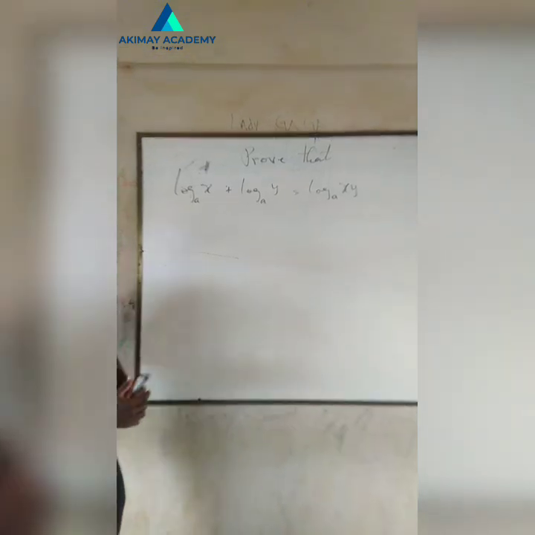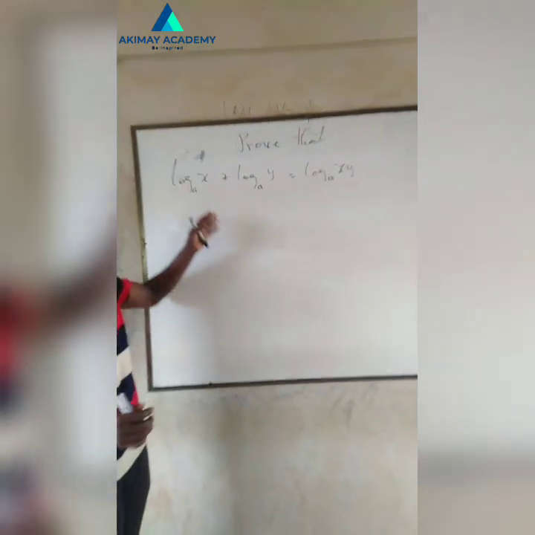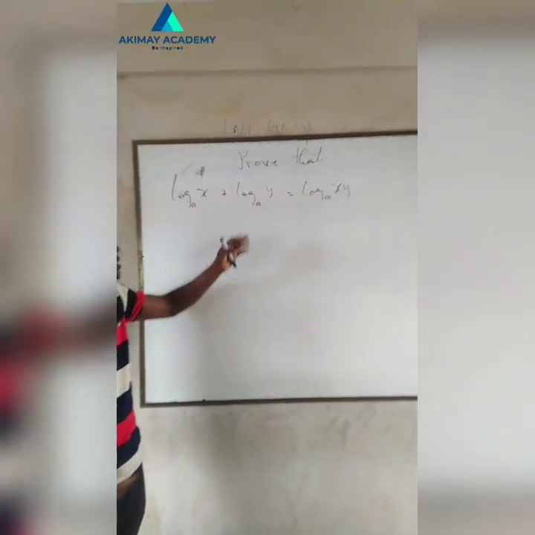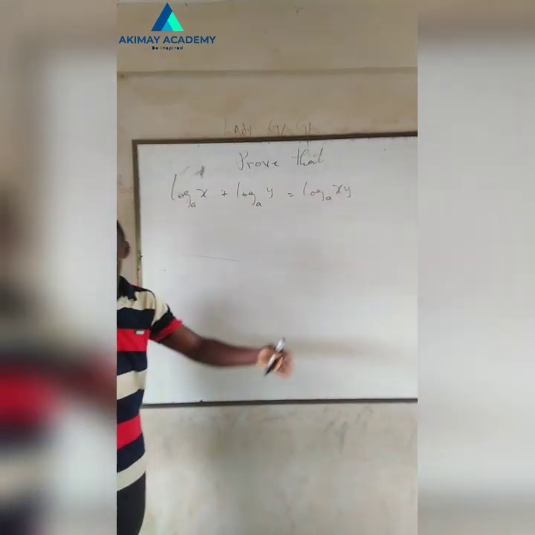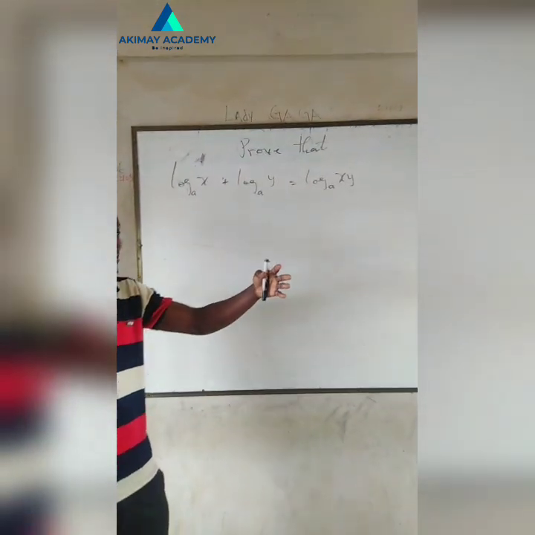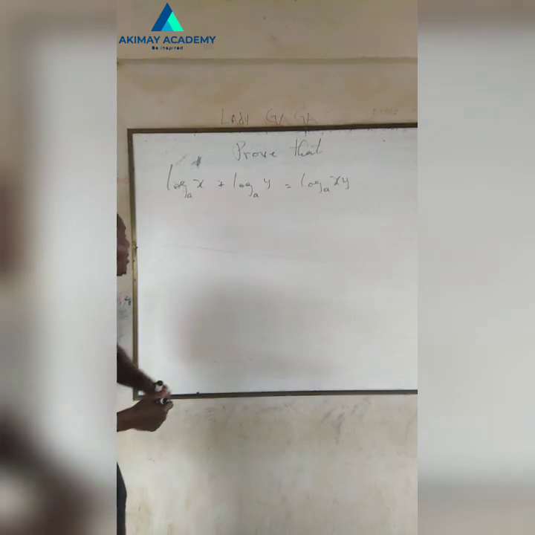Let's represent the first term with any variable of our choice, and again represent the second term with any variable of our choice. You can choose any variable that you like.